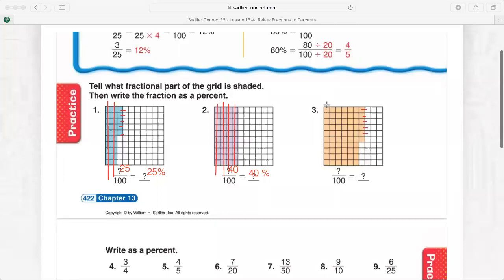Oh, no, wait. 10, 20, 30, 40, 50, 60, 62, 63, 64, 65, 66. Your answer is 66. Okay, can you change it easily to percent? Yes. Why, Miral? Because you have 100 in the denominator. Yes. Three girls? Yes, teacher. It's easy.